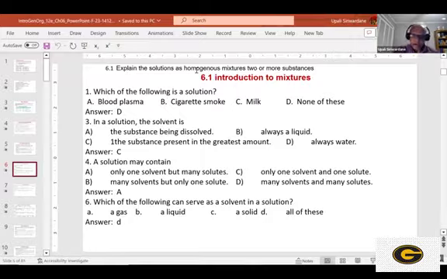I have gone over this in Zoom meetings, gone over these problems one by one. So go through Zoom meeting for chapter 6 if you didn't understand how to answer this question.